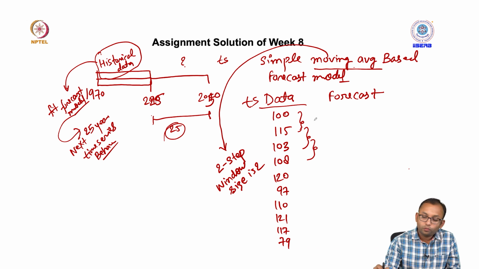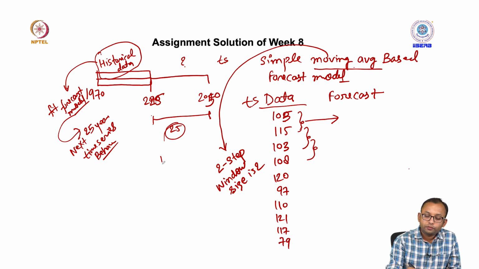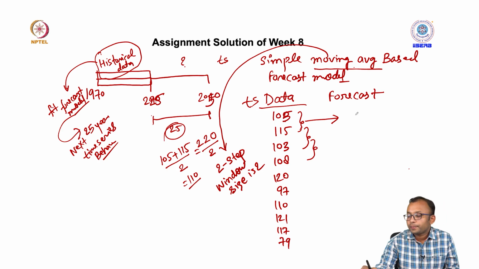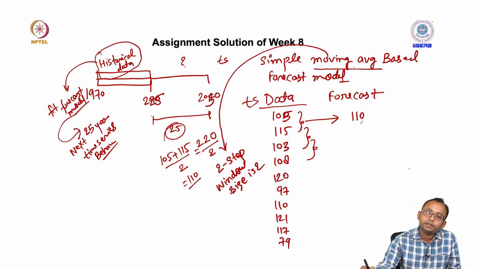For these 2 values, 100 and 115, what would be the forecasted or average value? 100 plus 115 divided by 2 comes out to be 110. So the average value between these two values is 110. That is the forecasted value for this particular step.